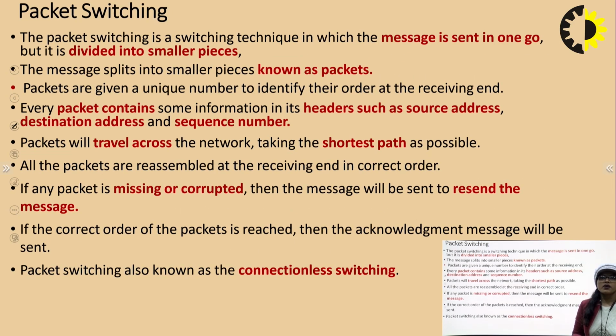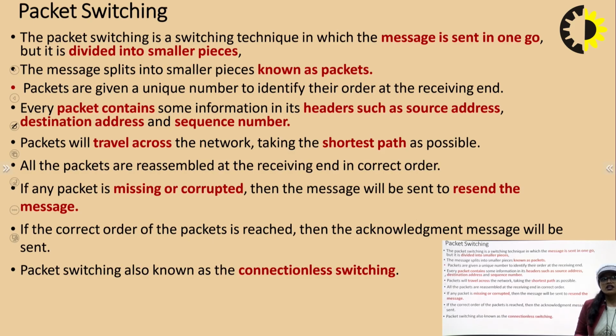Next, we will talk about packet switching. Basically, packet switching is the best technique of switching, and we can say it is implemented in the internet. So what happens: packet switching is a switching technique in which the message is sent in one go, but it is divided into smaller parts, and these parts are known as packets, or you can say datagrams.